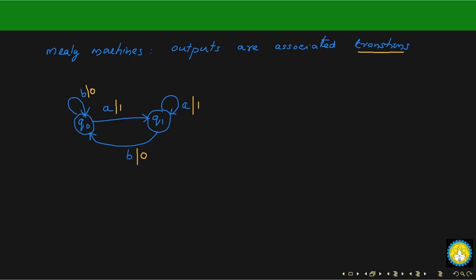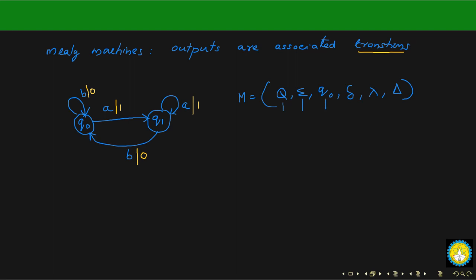And if you look at the mathematical definition, it's going to be the very same mathematical definition that we have seen. So let me write it down. In this mathematical definition, Q represents the set of states. Sigma represents the alphabet set. Q0 represents the starting state.